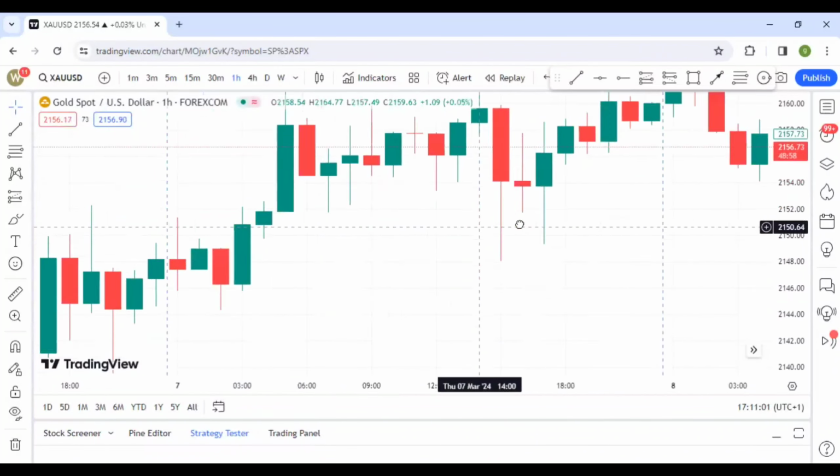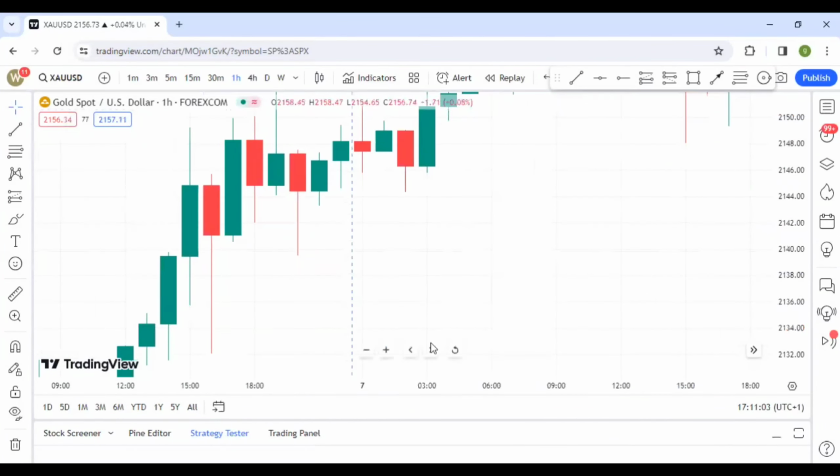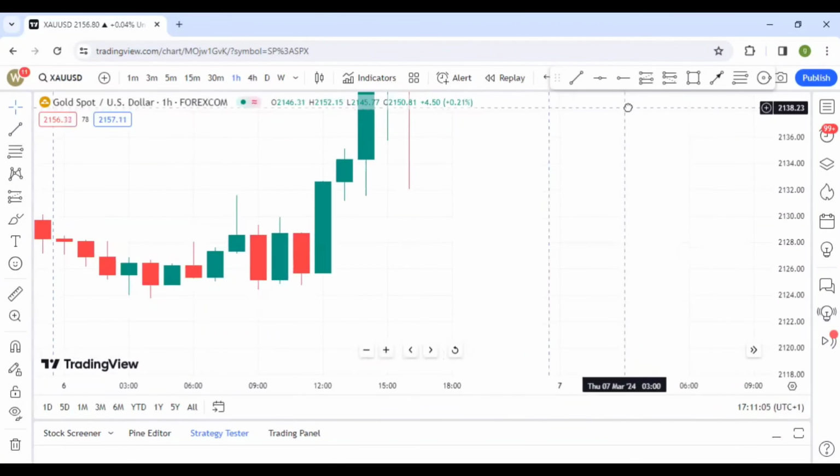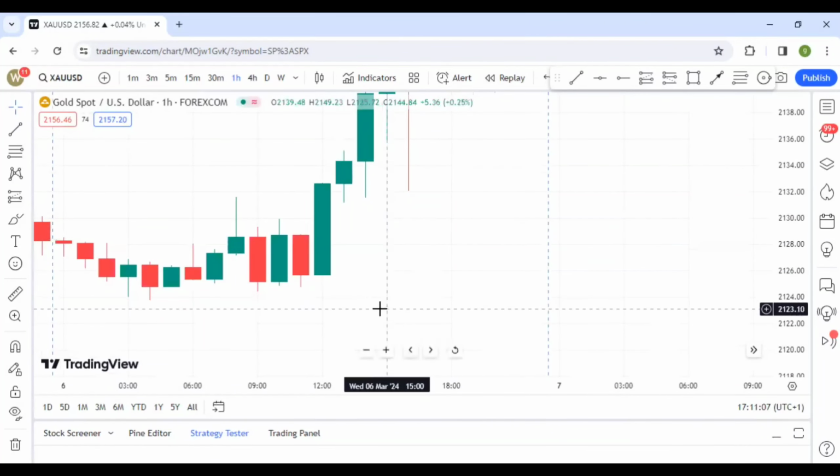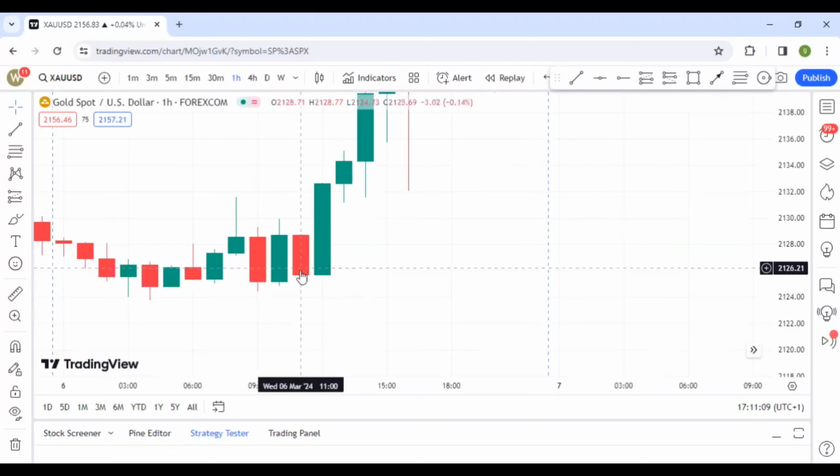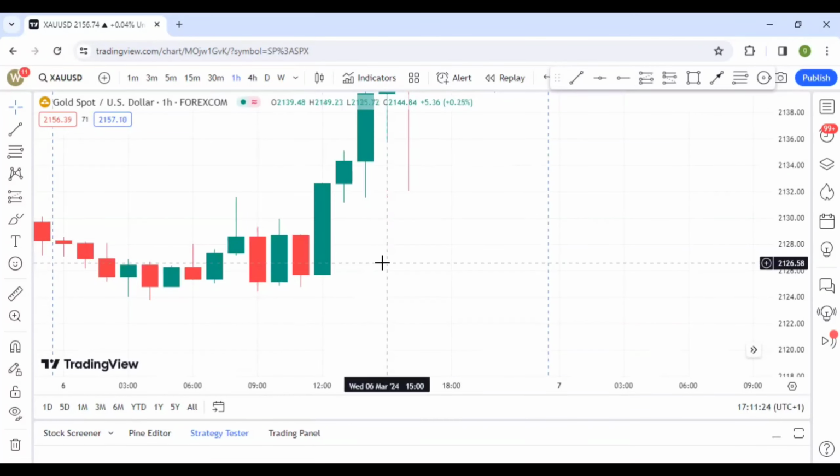Let's look for it here. I think this is a good example of a bullish engulfing. This is a perfect one. You can see a shorter red candle and a longer green candle. So what's the psychology behind this?